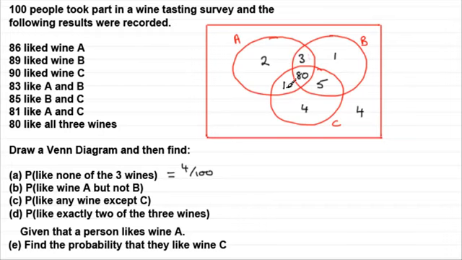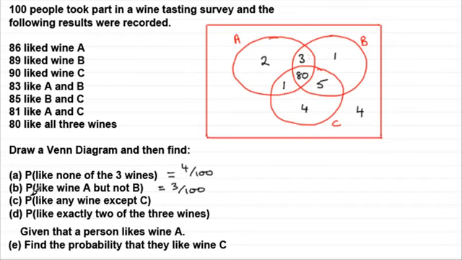But you've got to be careful here, because this one here is someone who likes wine A. Okay, they like wine C, but that's not the point. They like wine A, but they do not like wine B. So you've got a total of 2 and 1, 3 people out of the 100 people. So that probability is going to be 3 out of 100.